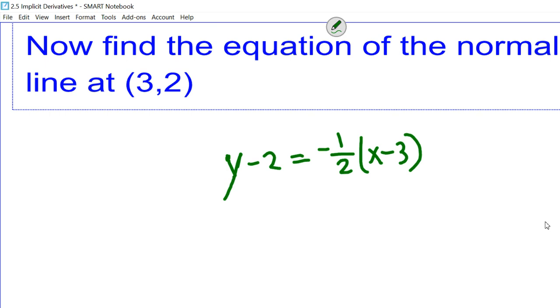Remember, normal line, we just had that on the quiz: opposite reciprocal slope of your tangent line. So these are good follow-up questions, just knowing the idea of implicit derivative, but then being able to follow up with different types of equations.